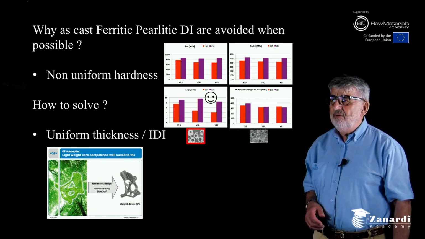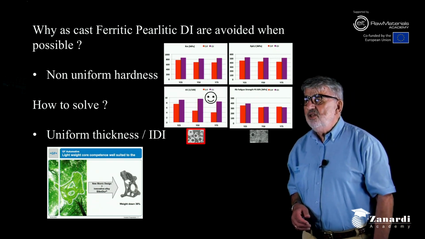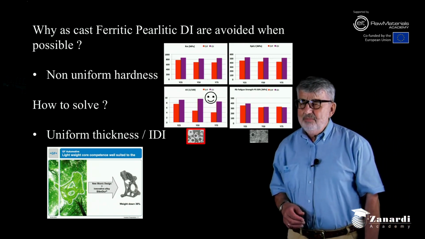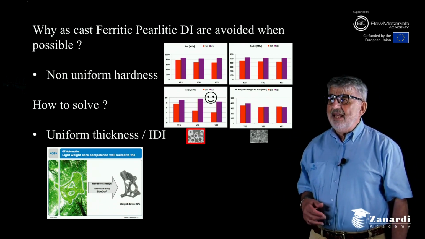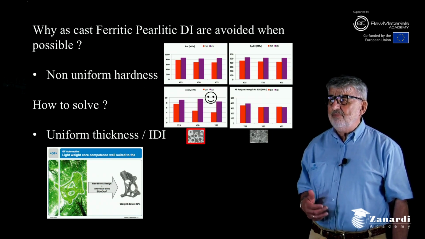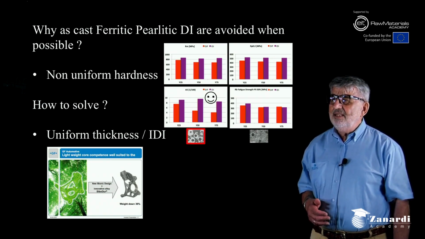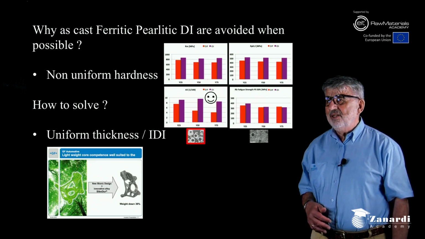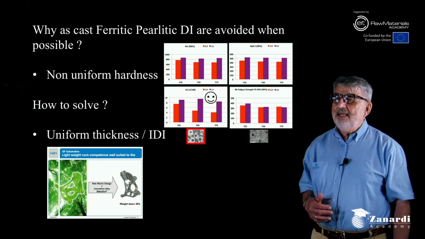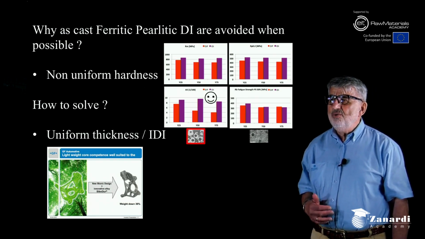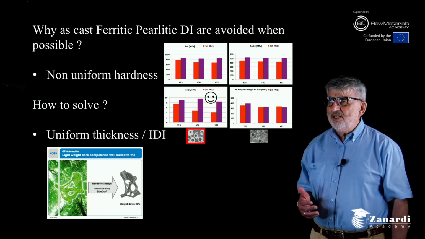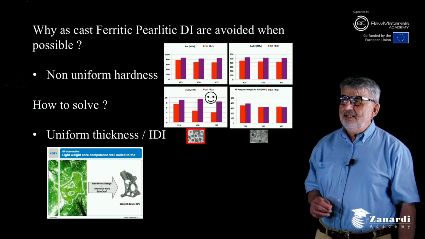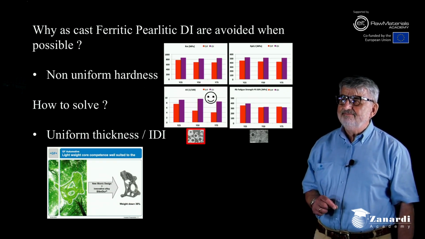But one very important reason is the non-uniform hardness, because as-cast ferritic-pearlitic irons are produced with addition of pearlite promoters that segregate at the grain boundaries. And this makes the casting non-uniform in all its parts when the wall thickness is different.